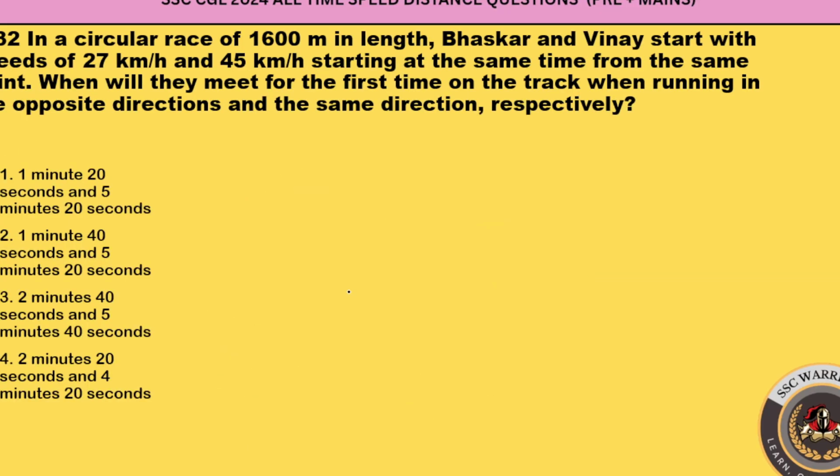Next, in a circular race of 1600 meters in length, Bhaskar and Vinay start at the given speeds, at the same time from the same point. They meet for the first time when running in the opposite direction.